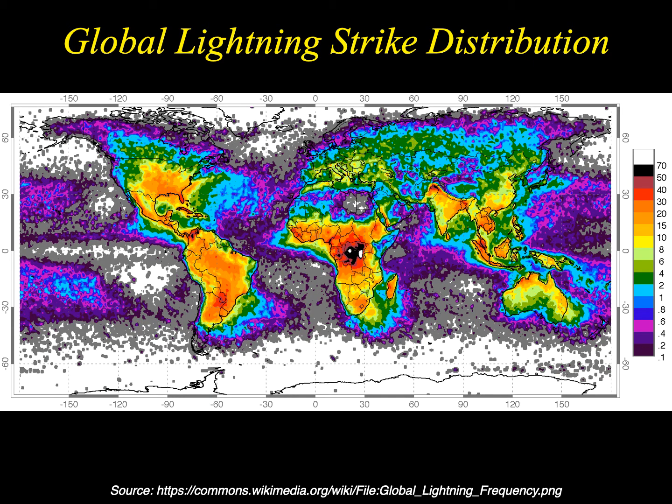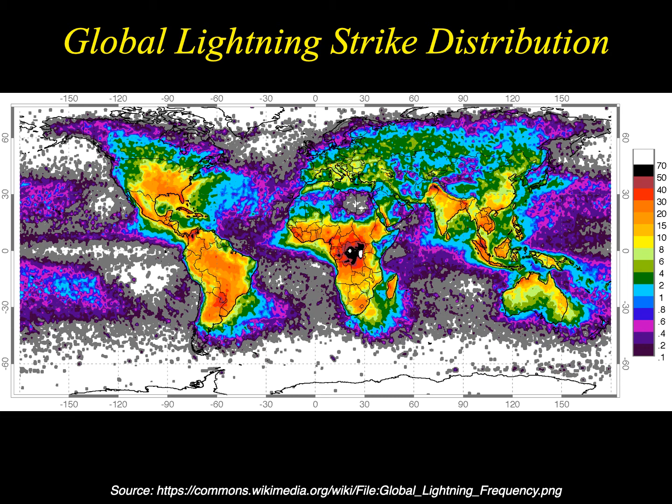I don't have a good map of thunderstorm distribution to show you, but one way that we can use a proxy measure to determine where thunderstorms occur is looking at where lightning strikes occur.